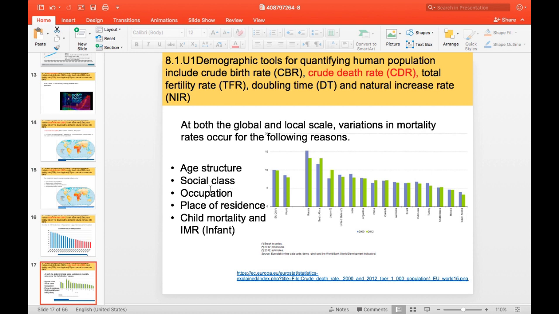Social class: they are poorer, they are rich, they have more money to pay for medical attention. Occupation, place of residence, child mortality, and IMR, that is infant mortality rate. When we talk about children, we're talking about kids over 1 year; an infant, babies from 0 to 1 year.